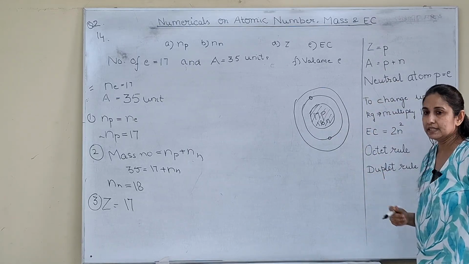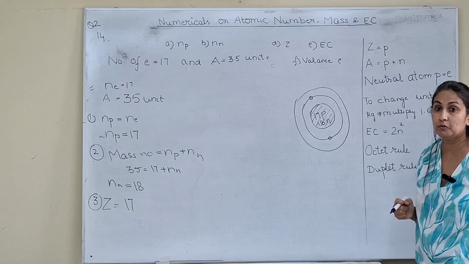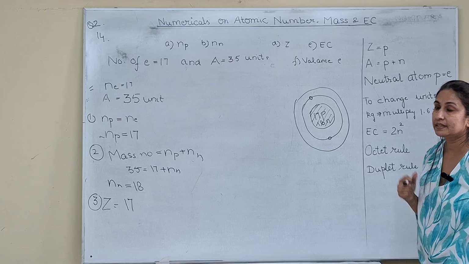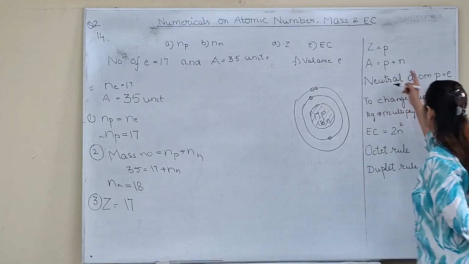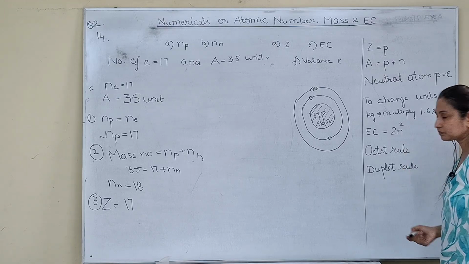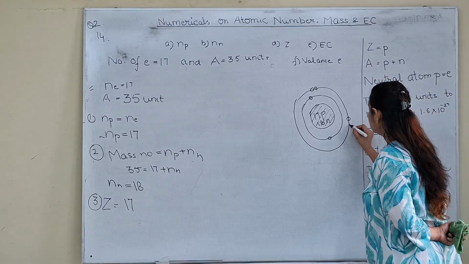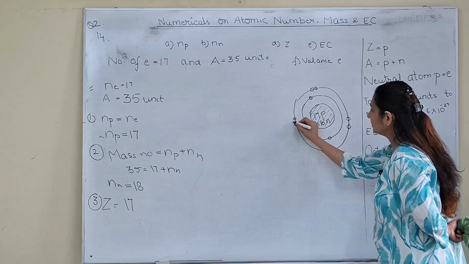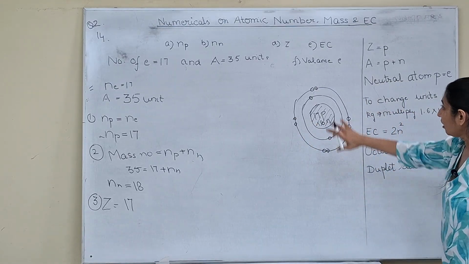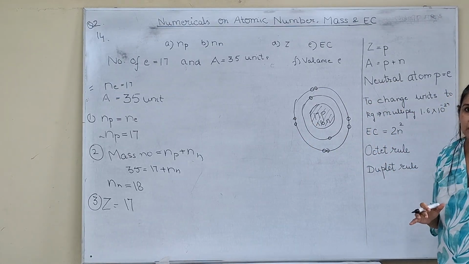Now this is the second shell. It can hold a maximum of how much? It can hold a maximum of 8 using the formula of 2n square. So there are these 8 electrons which are present in the second. Total how many have found their place to stay?